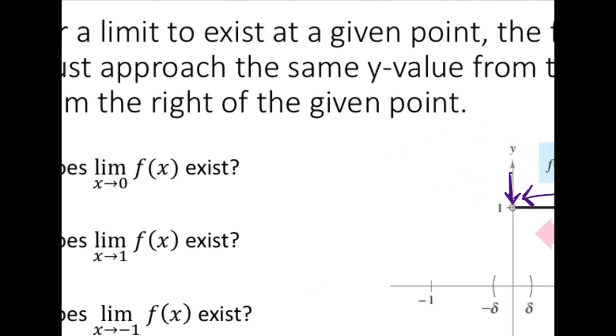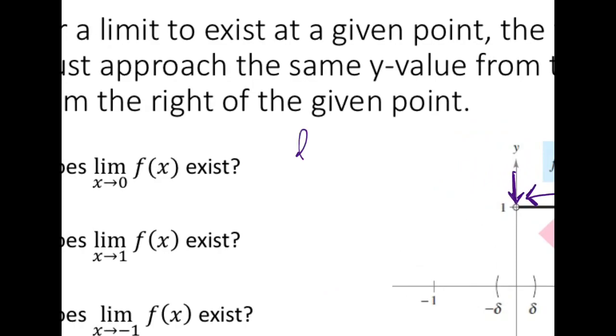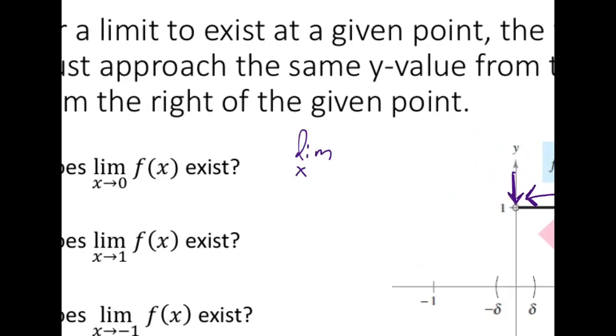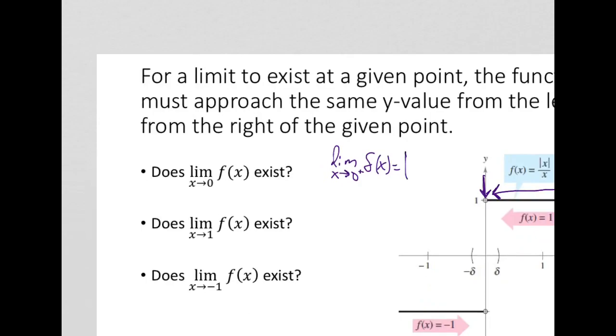So I can actually write down the statement, the limit as x goes to 0, and then I put a little plus right there, and that plus says from the right. So the limit as x goes to 0 from the right of my function f of x equals 1, because that's where my graph is headed while going to the point x equals 0. From the right, I'm up at the y value of 1.